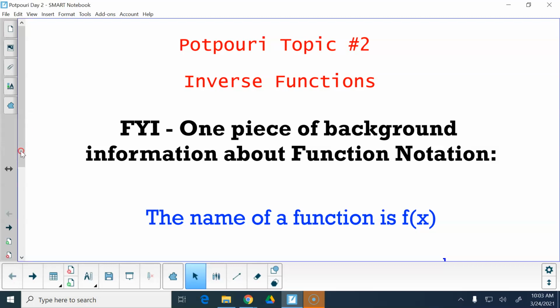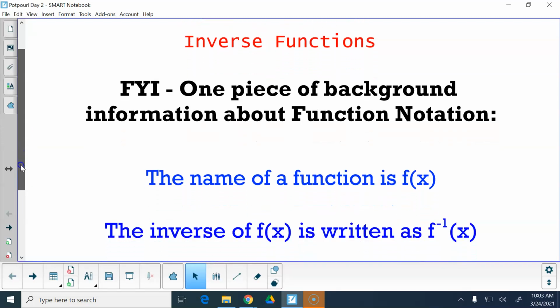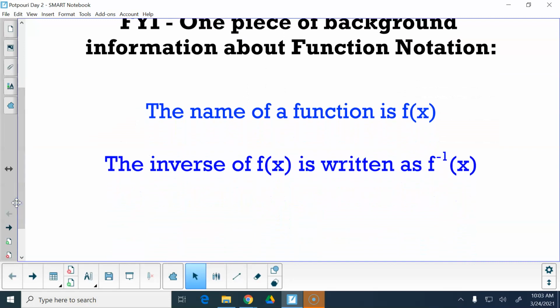The notation for an inverse is written as f to the negative 1 exponent of x. So that's what it looks like, but it is pronounced the inverse of f.